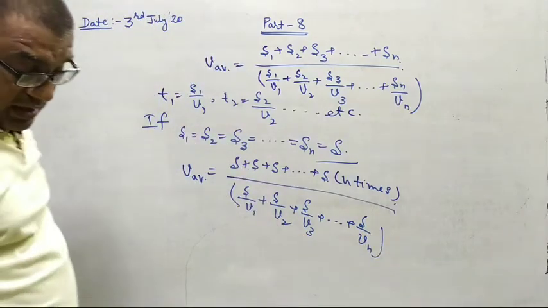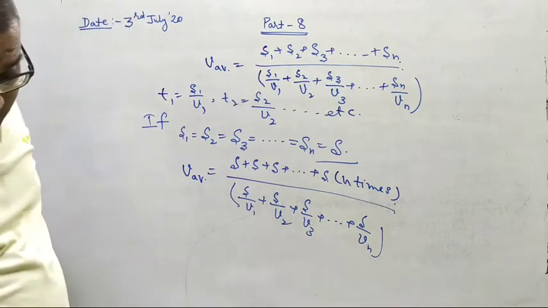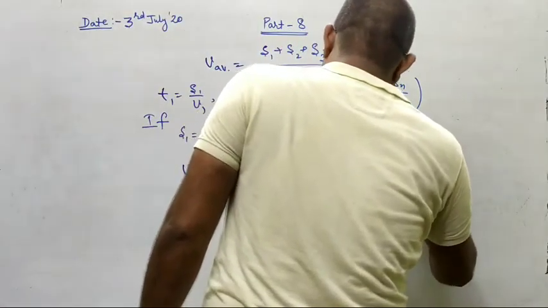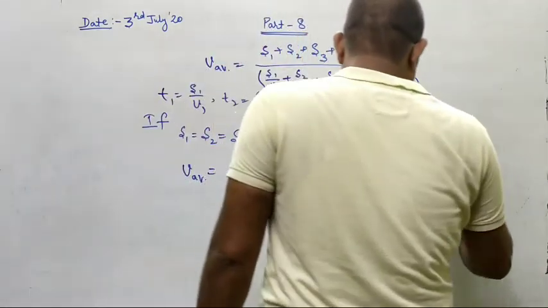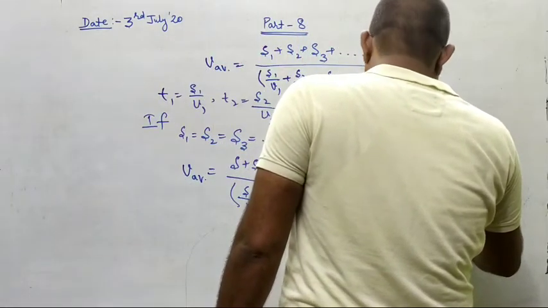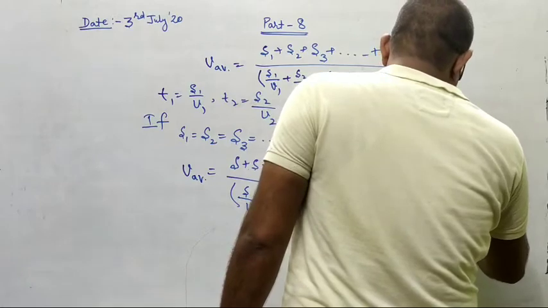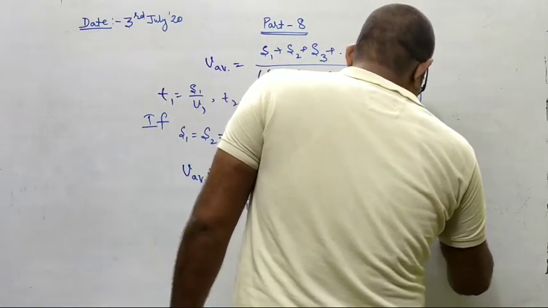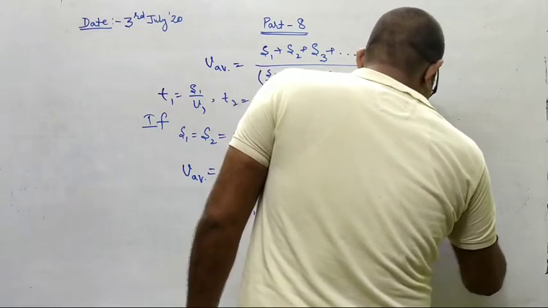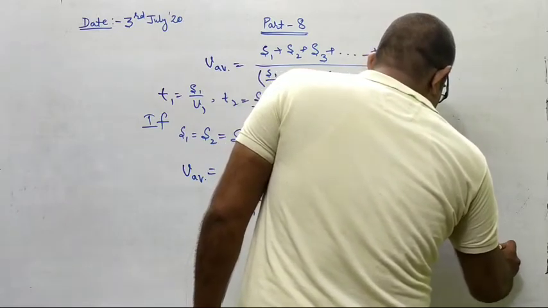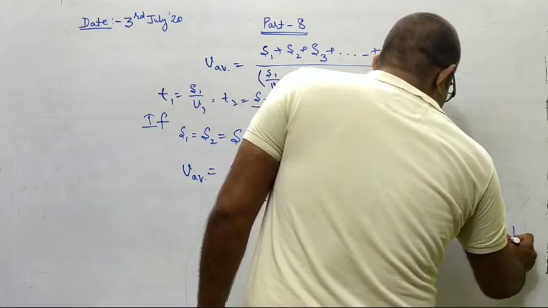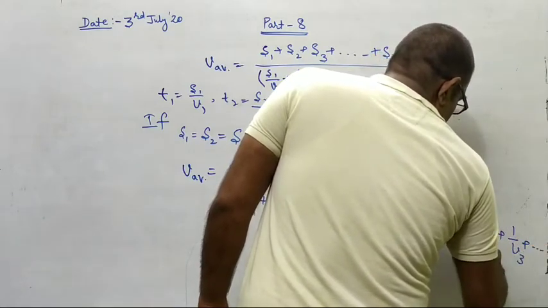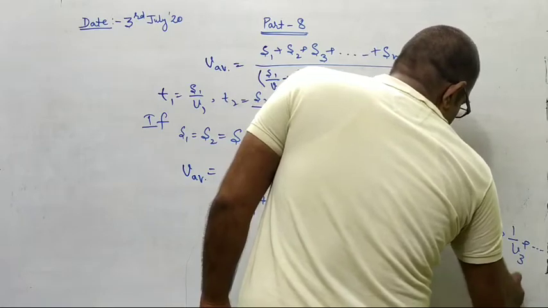Now, taking S common, it will become n into S upon S times 1 upon V1 plus 1 upon V2 plus 1 upon V3 plus up to 1 upon Vn.